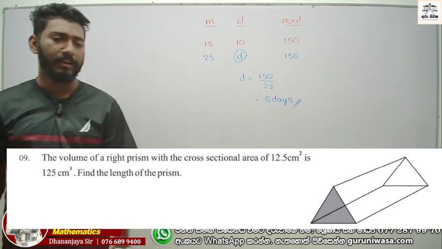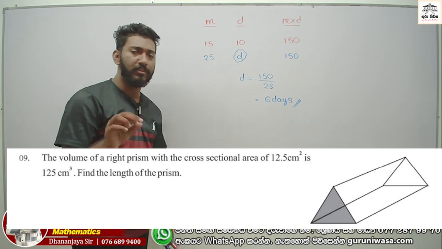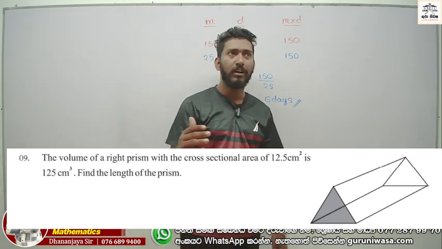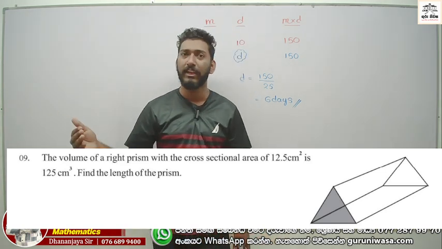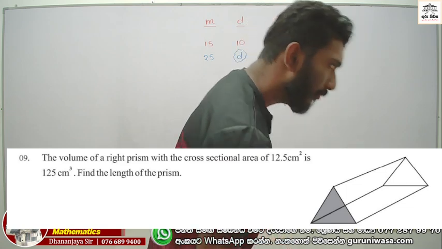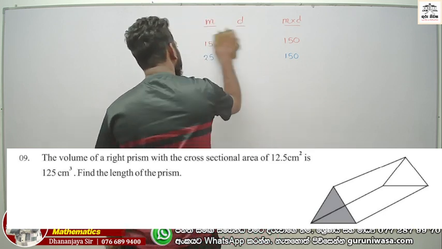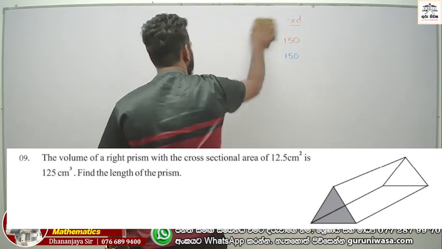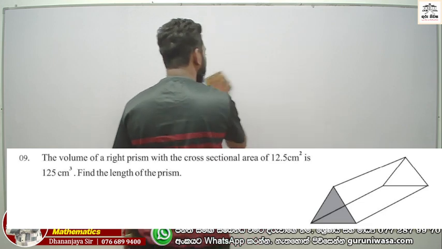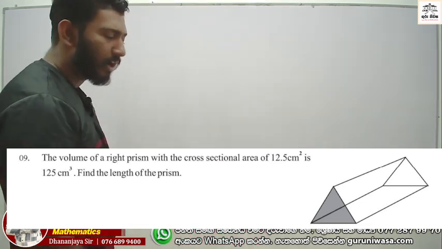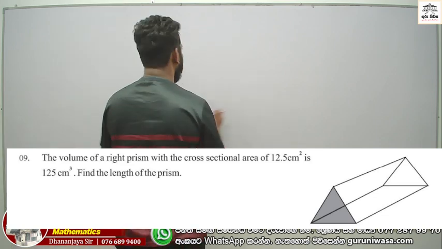Question number 9. Actually, this was relevant to volume, and you know the equal cross sections. Volume of solids with equal cross section is the area of the cross section multiplied by the length. Right? Height. It's the most important point.